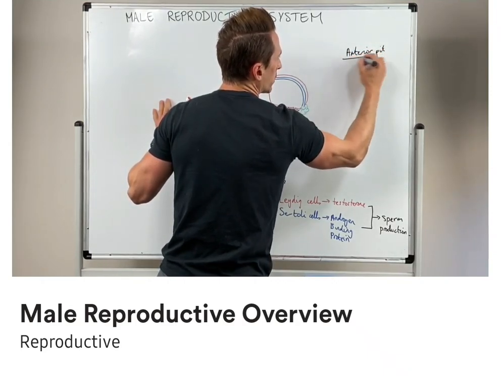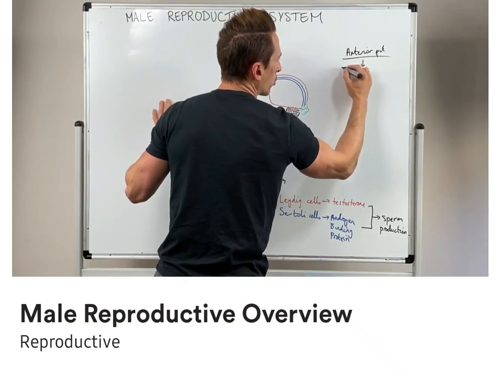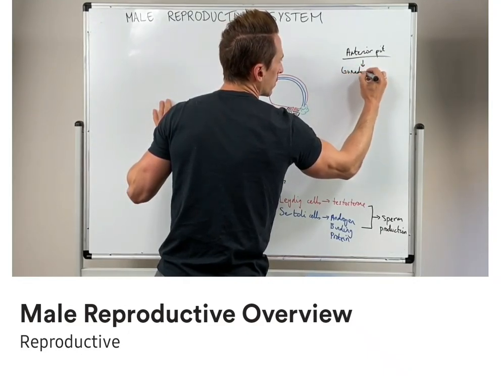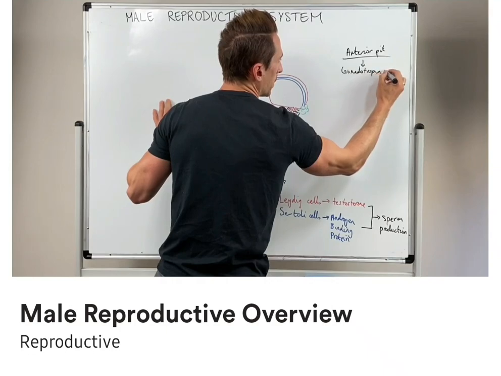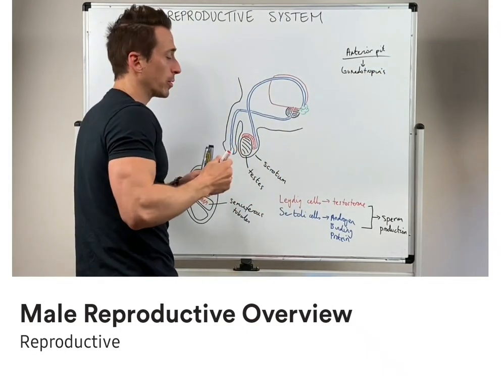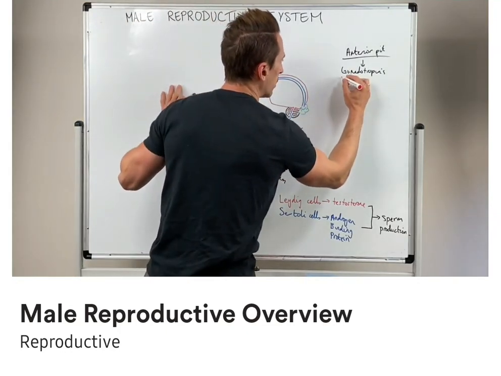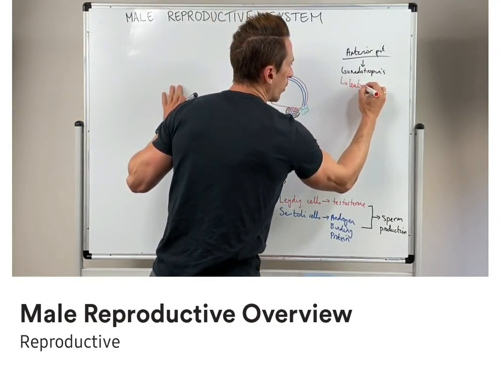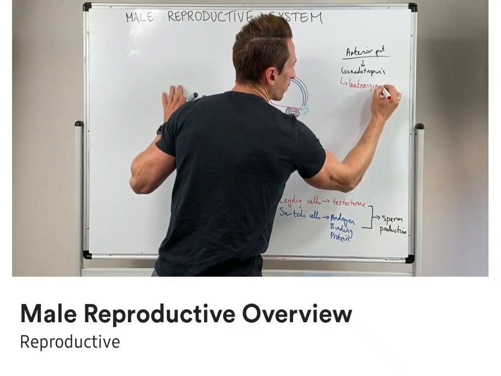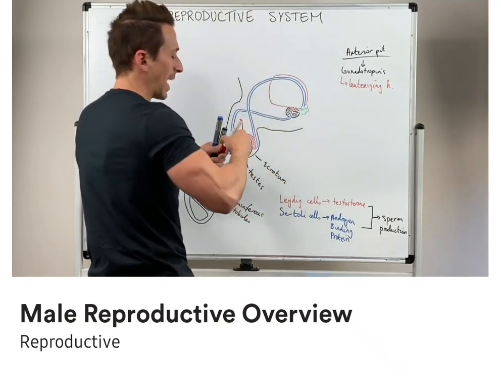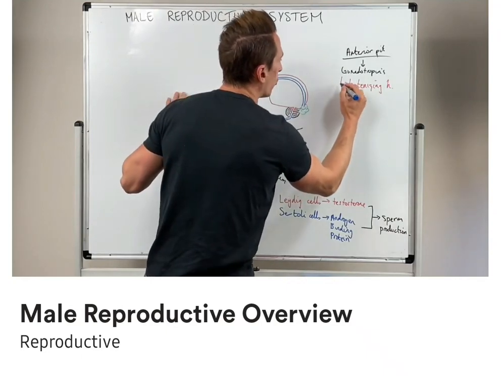The anterior pituitary releases something called gonadotropins. There's two types of gonadotropins: luteinizing hormone and follicle stimulating hormone.